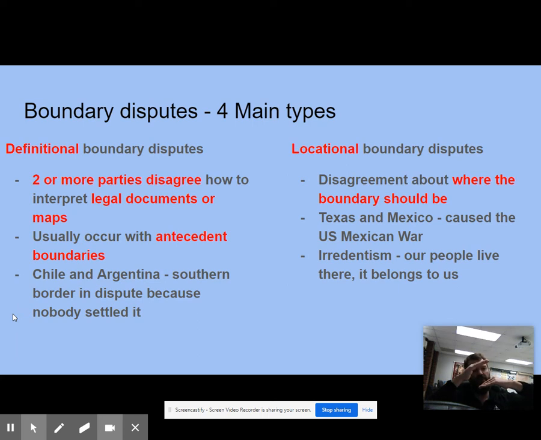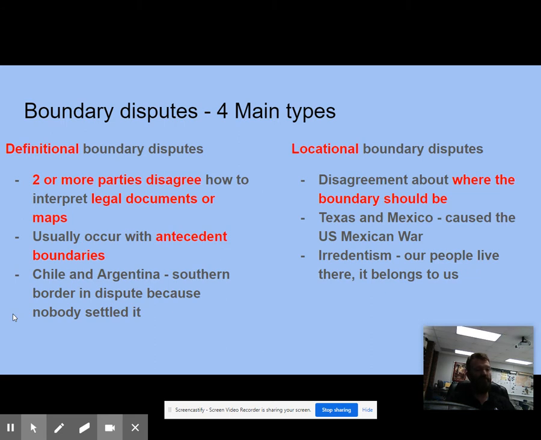When Mexico crossed over the Rio Grande, Americans thought they were on our territory, but when Americans crossed over the Nueces, the Mexicans thought we were on their territory. So it erupted into a war that America won. And then that boundary was reestablished and it became defined. It became a definitional boundary. There was a legal document then that established it. That's exactly what it was.